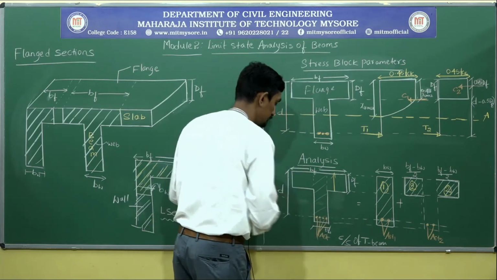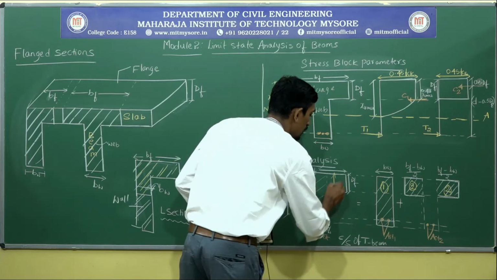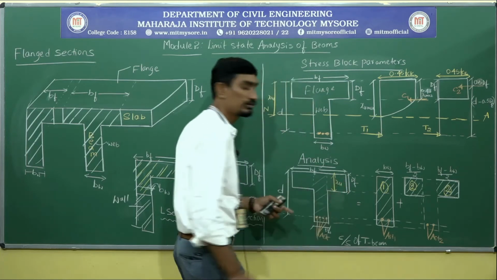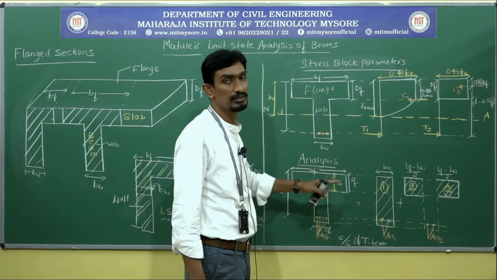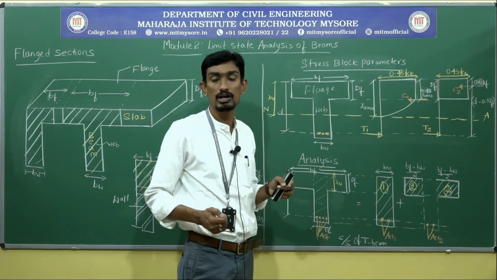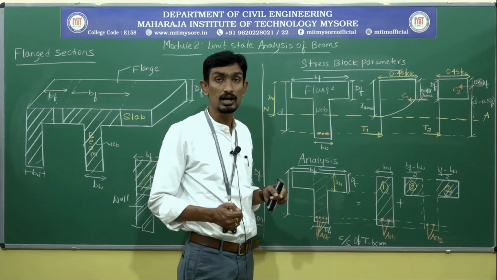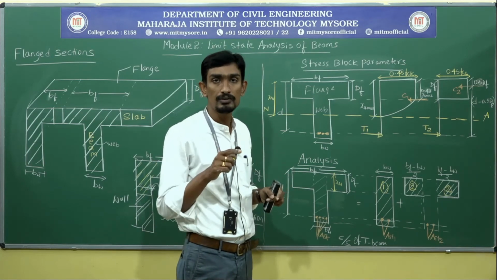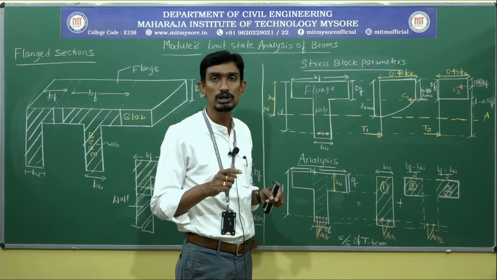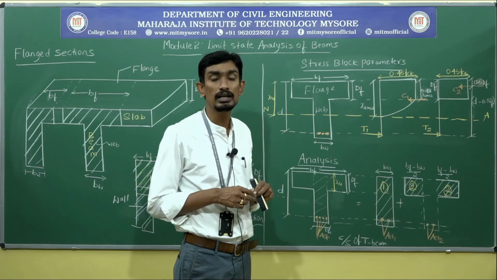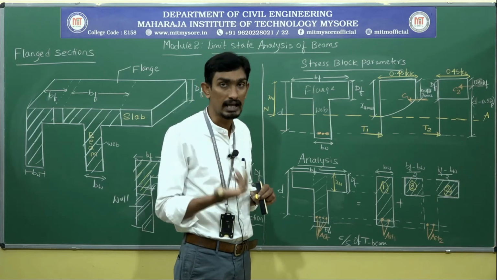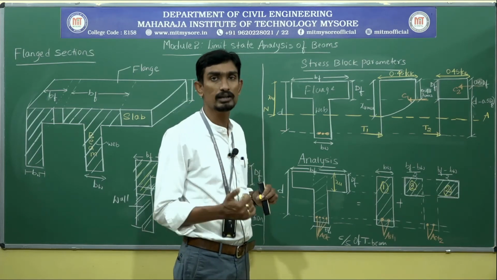That means the XU is lesser than or equal to DF. This is one analysis part we are going to do for a flanged section or T section. XU lesser than or equal to depth of the flange, or neutral axis is lesser than or equal to depth of the flange. That is one analysis. We need to check that.